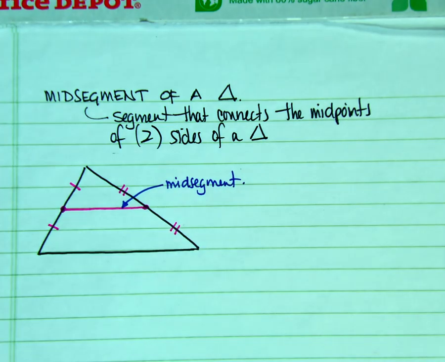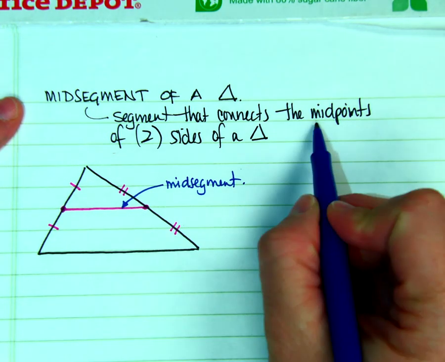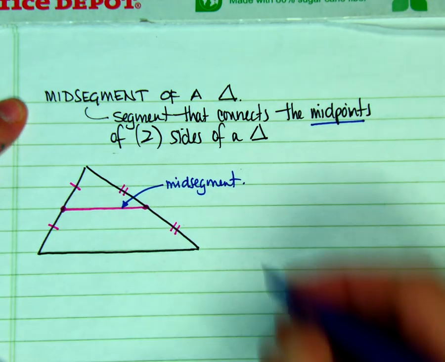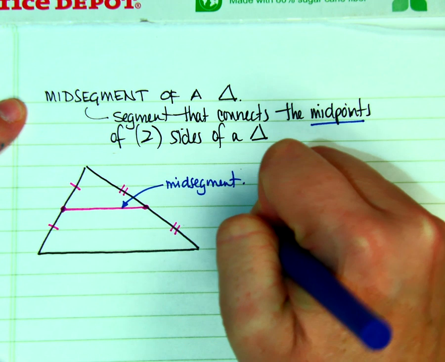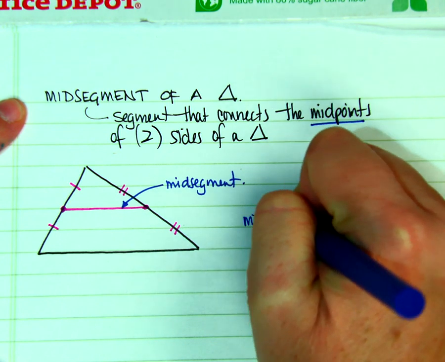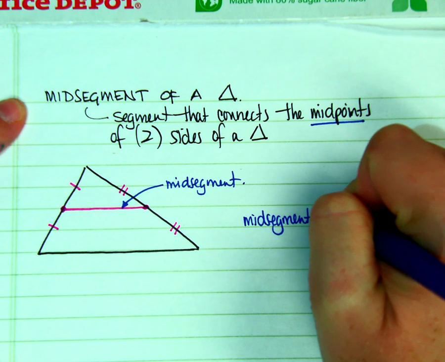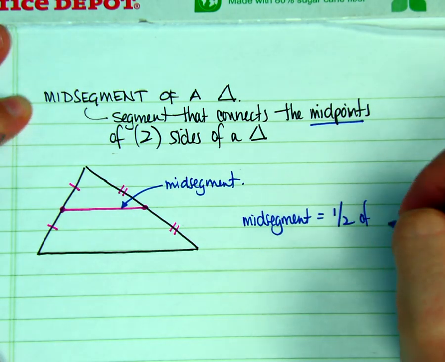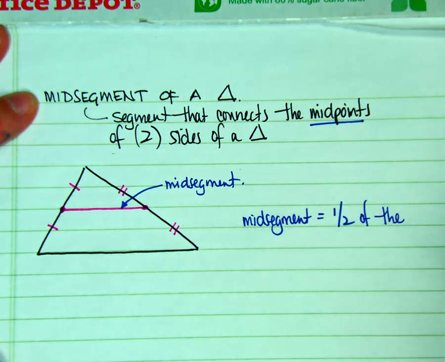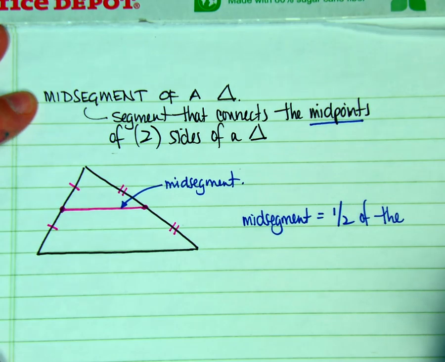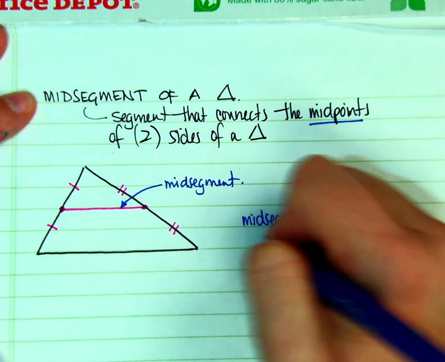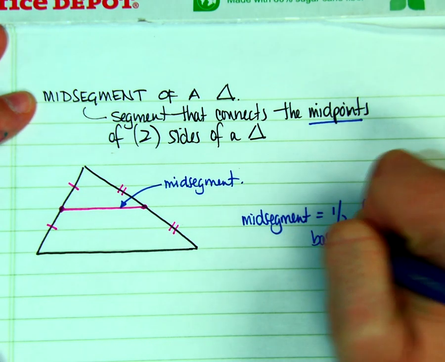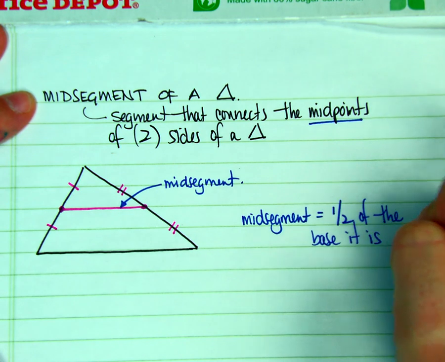Now the midsegment has some special properties. So not only does it connect the midpoints, what I also know is that the midsegment equals half of the base it is parallel to.